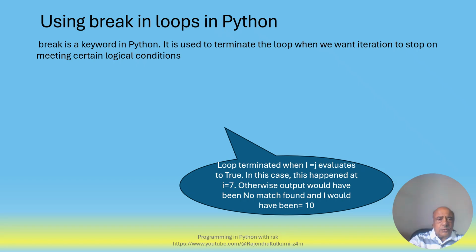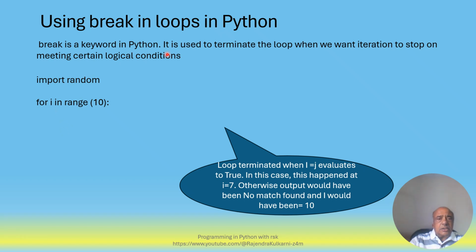We are going to use this random module in this slide, where I will be explaining how break works in loops in Python. We have imported random, and for i in range(10) we are going to execute a loop.